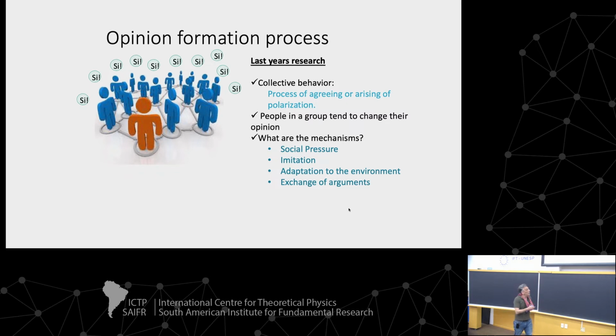For example, in processes of agreeing, we have to agree to do something. For example, in small groups in buildings, we have to agree on something to do in the building, or we have to vote, we have to choose a president, and there are a few options, and sometimes this process tends to polarization.